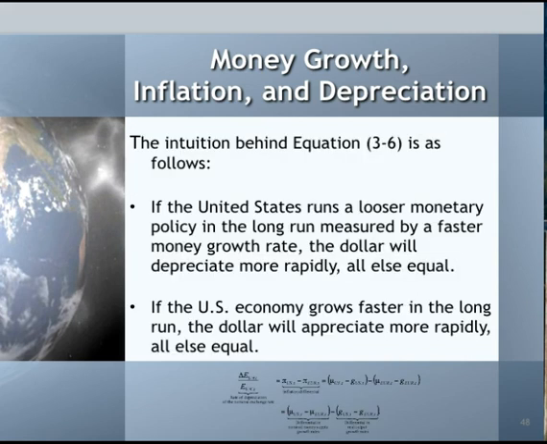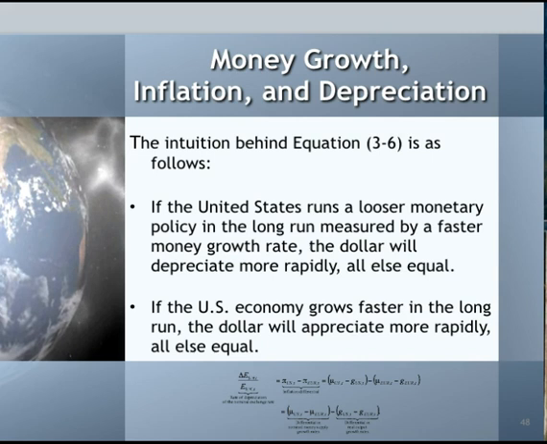Here's an example. Here's the intuition behind the equation that we just took a look at. If the United States has a looser monetary policy and allows the money supply to increase in the long run, measured by a faster money growth rate, the dollar will depreciate more rapidly, all else being equal. If the U.S. economy grows faster in the long run, the dollar will depreciate more rapidly.